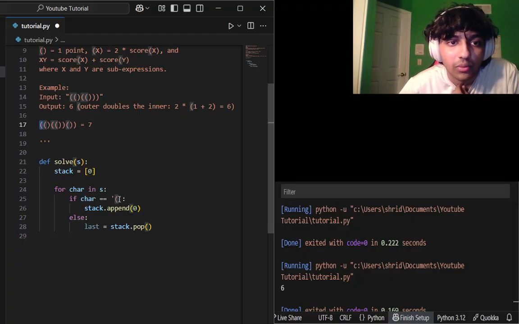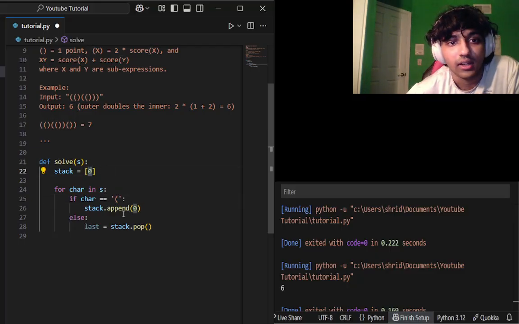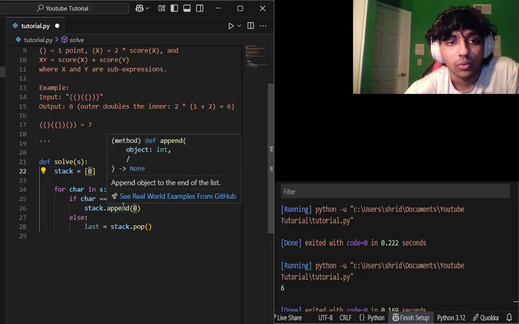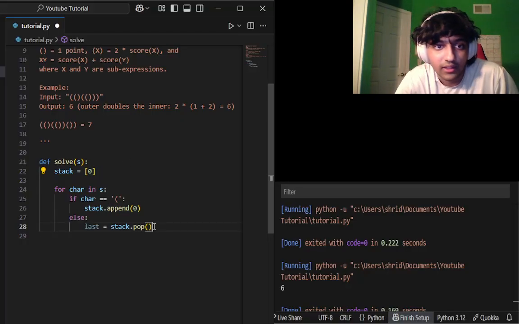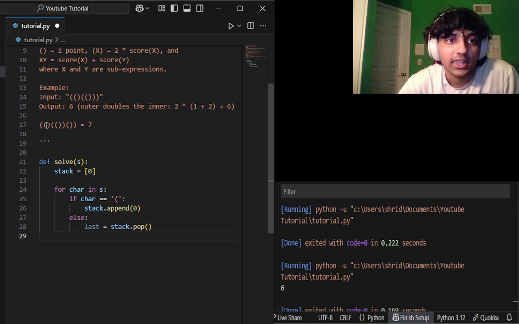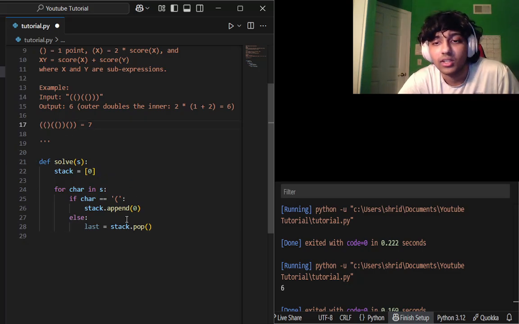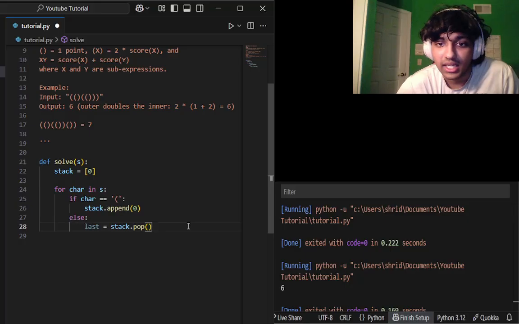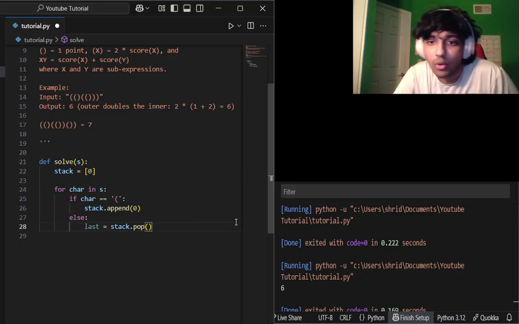So for example, right now there's only a 0 in the array. However, if we start the loop and then we already see a 0 in the list, that means there was a left parenthesis connecting to the right parenthesis, so that we can immediately put out 1 point.